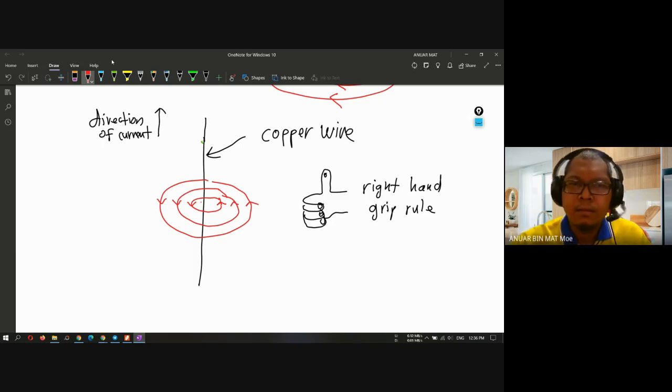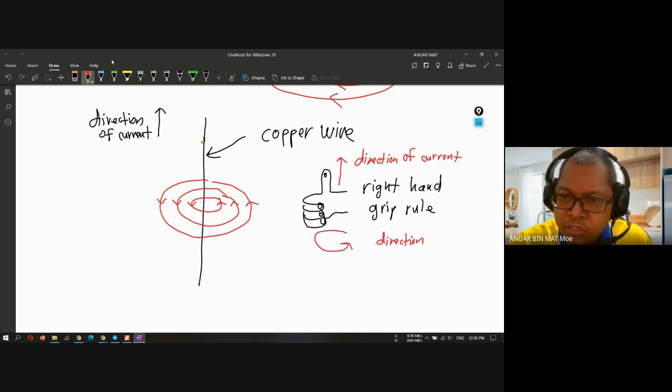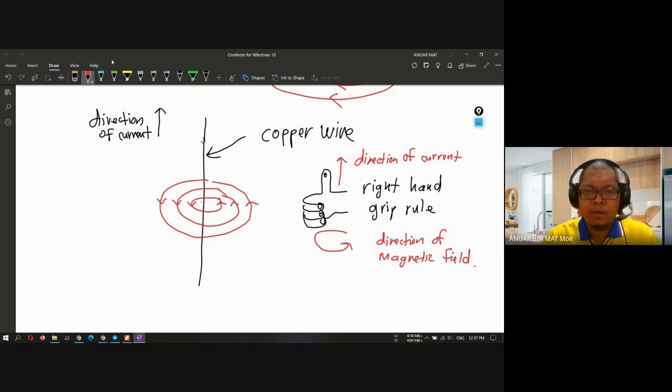This is the direction of the current, up, and this is the direction of the magnetic field. Can you understand this, class? Very good. This is how you draw magnetic field line in an electromagnet.